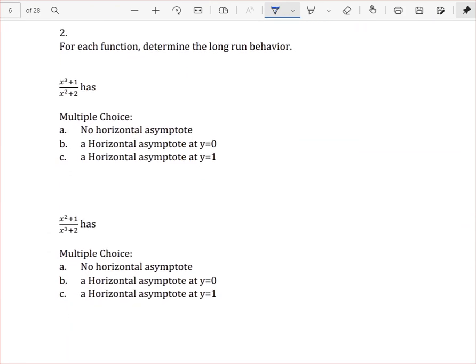For each of the functions, determine the following. For that function, the horizontal asymptote. So for the horizontal asymptote, you're going to look for the highest power of x.